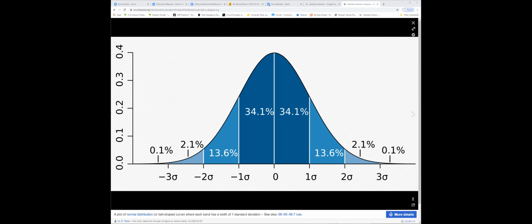By percent, that equals this. Where'd it go? Equals this divided by.